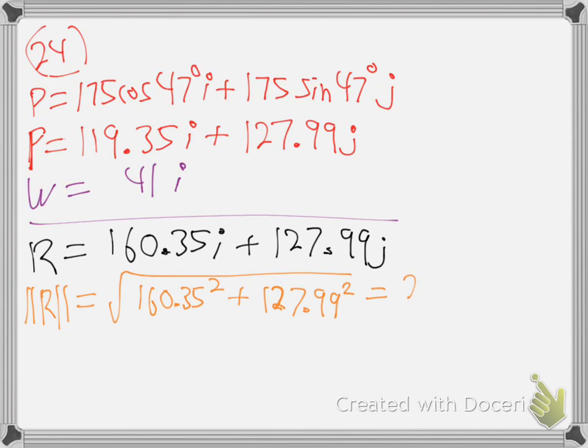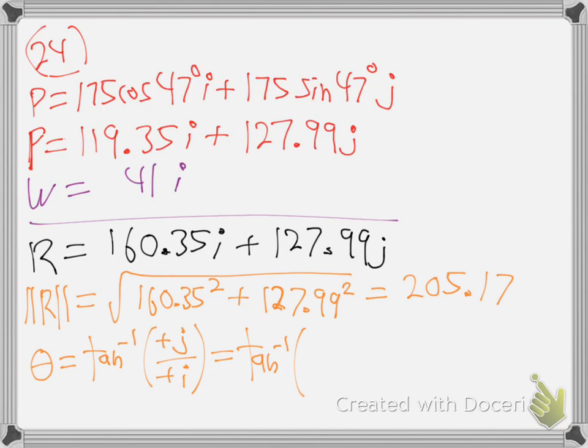And I'm getting 205.17. And then they want the angle of it. So that's going to be inverse tangent. Remember what we do? Positive j over positive i. What's nice is they already are both positive, so it is just going to be first quadrant. So it's going to be inverse tangent of the j over the i.